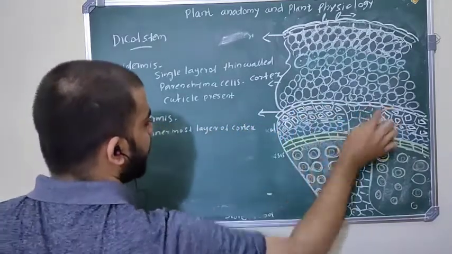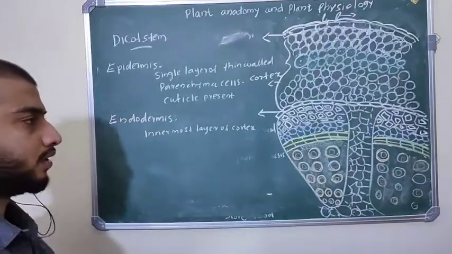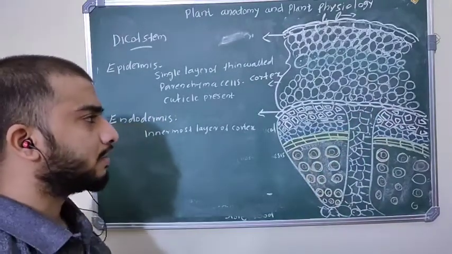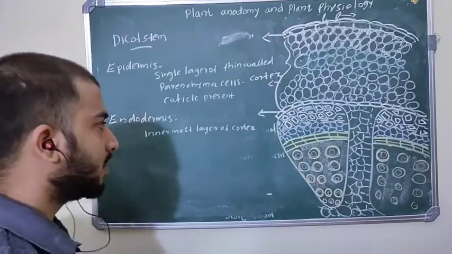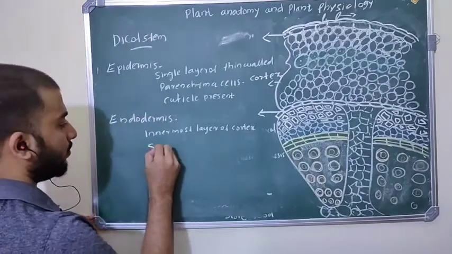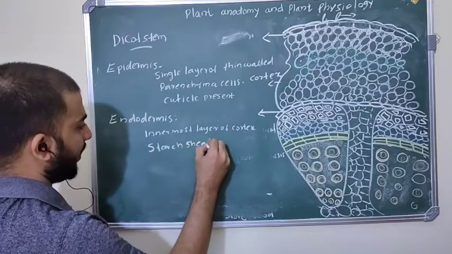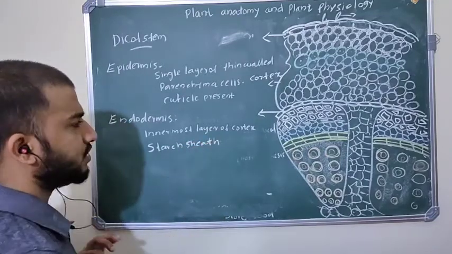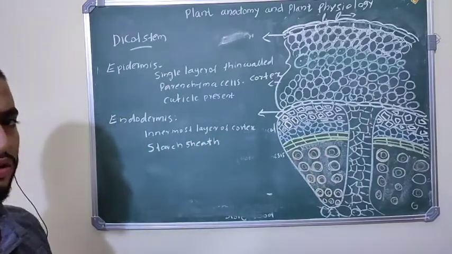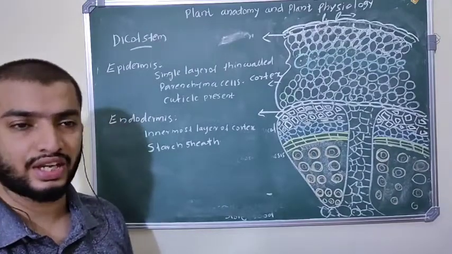And this endodermis contains starch grains, so it is also called starch sheath, because they contain starch grains.